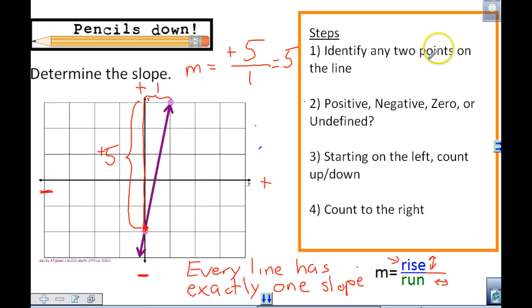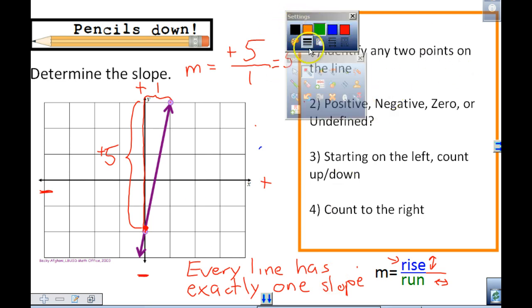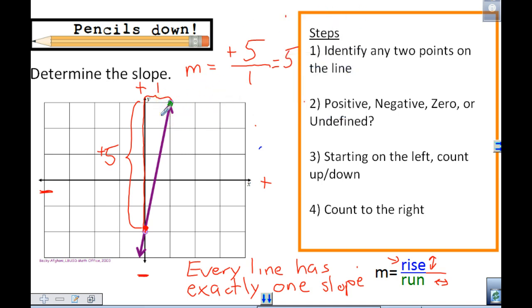If I pick in a different direction, for instance, if I want to count from here, I can go down 5, right? That'd be negative 5. So I went down. And I can go left 1, and left is negative, that'd be negative 1. And my slope would be negative 5 over negative 1, which equals positive 5.